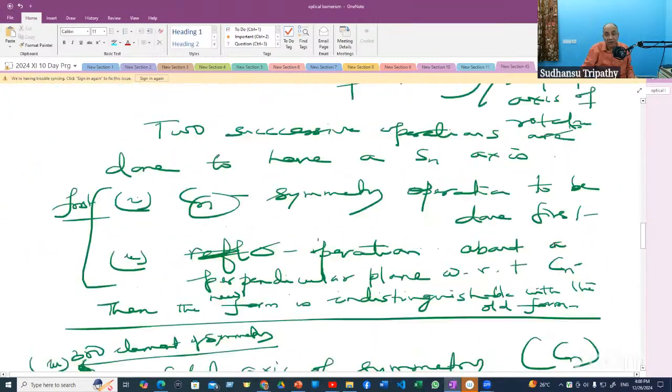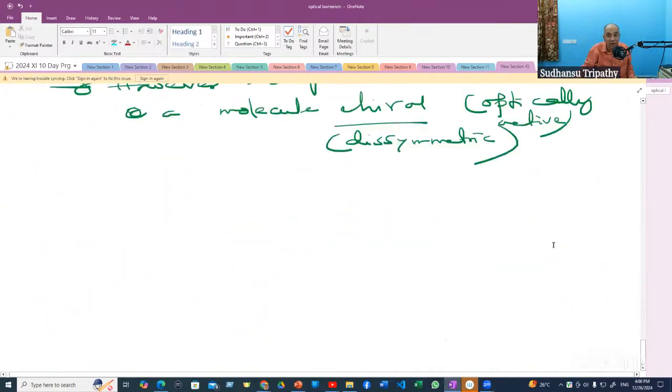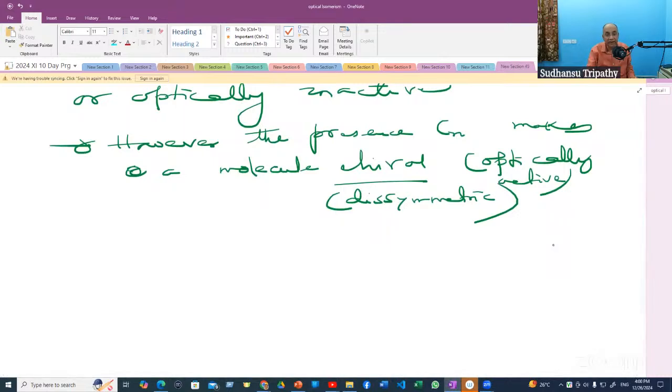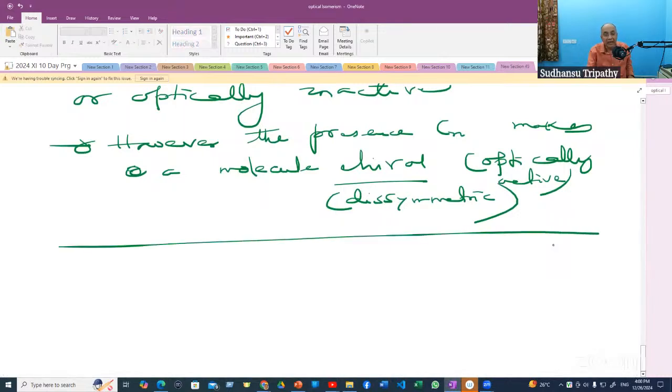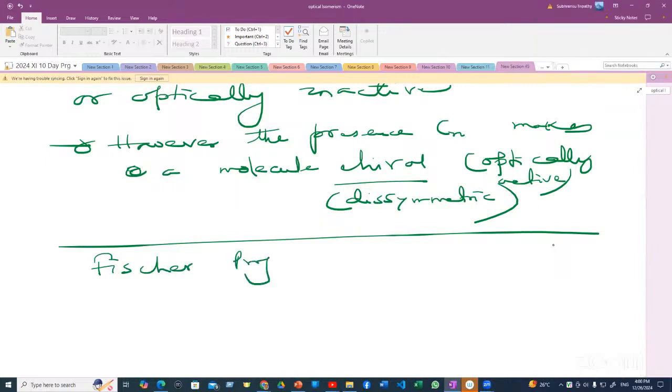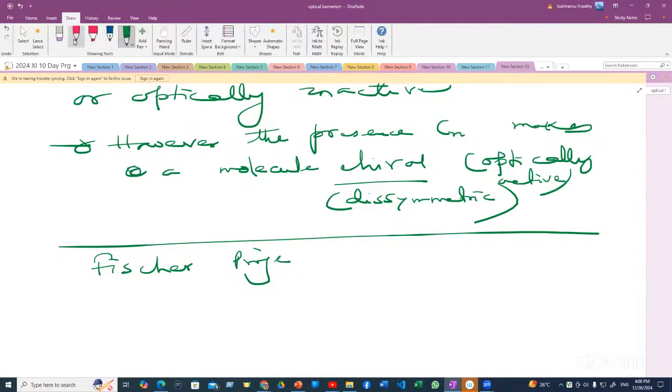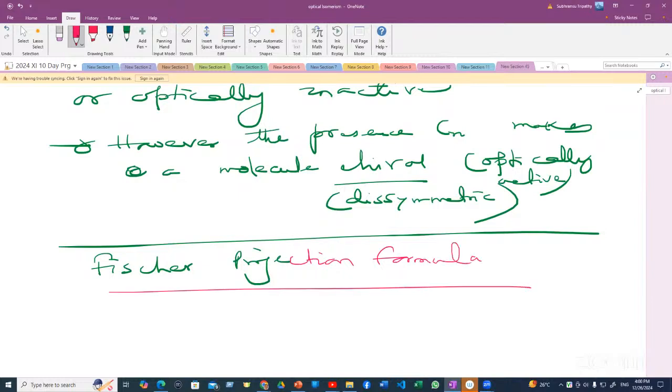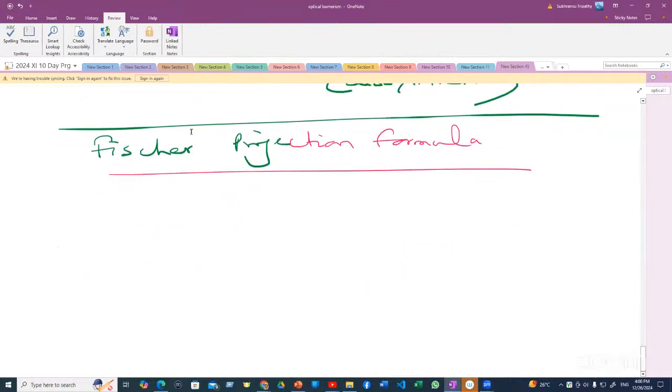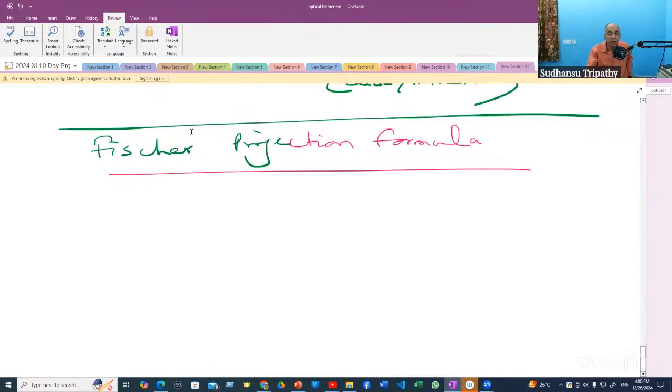Then, without spending any more time, we shall be discussing the Fischer projection formula. I think we have written that yesterday, right? Yes, sir. I have already explained to you the Wedge formula.